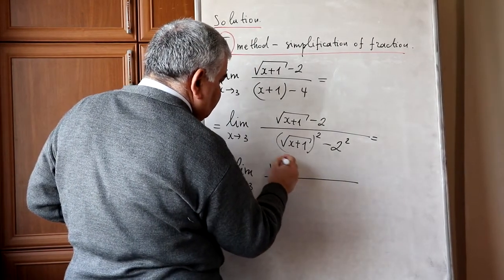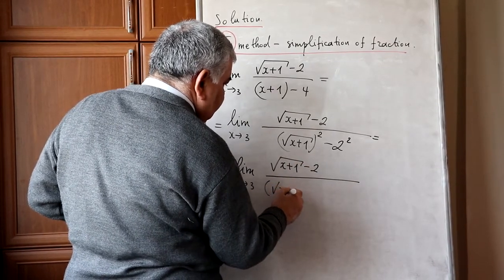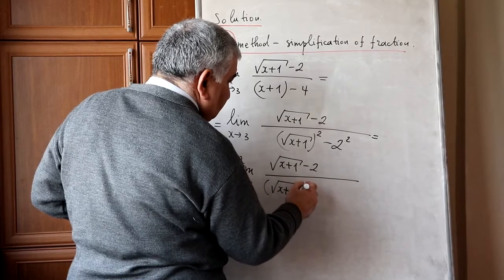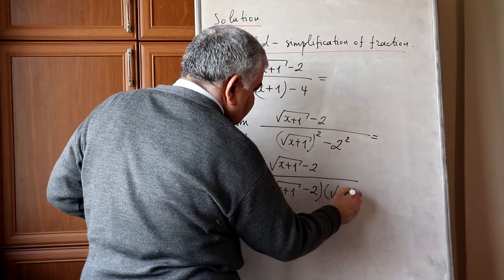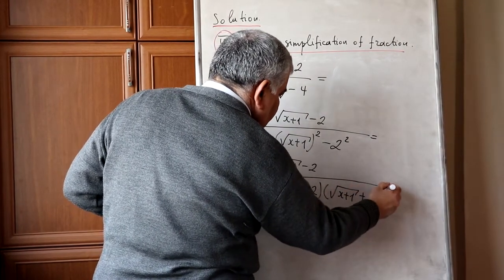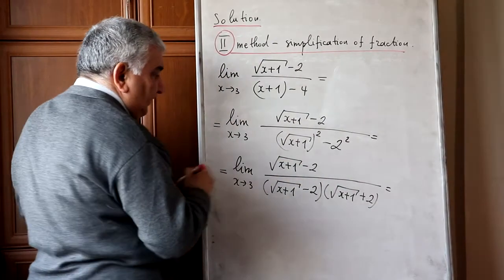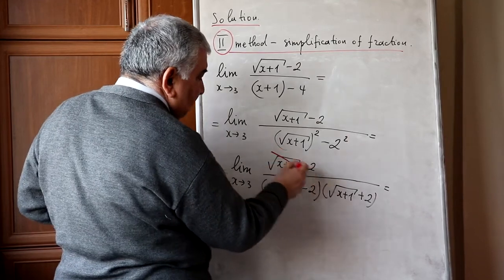Square root of x plus 1 minus 2 over square root of x plus 1 minus 2 multiplied by square root of x plus 1 plus 2. Then simplify square root of x plus 1 minus 2 in numerator and denominator.